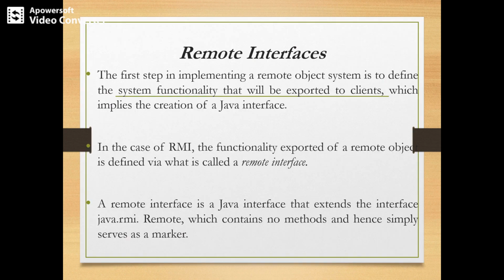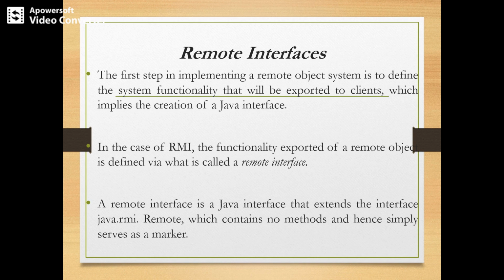Now we would discuss remote interfaces. The first step in implementing a remote object is to define the functionality that will be exported to the client, which implies the creation of Java interfaces.